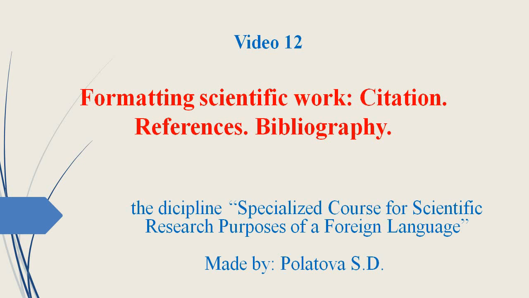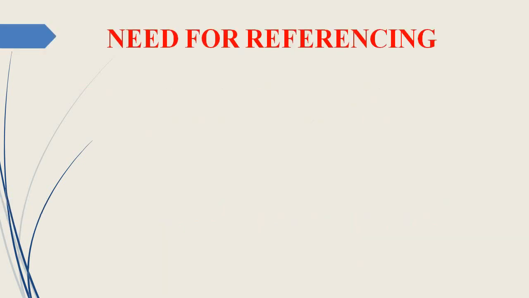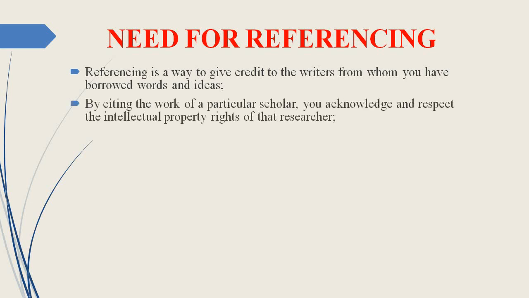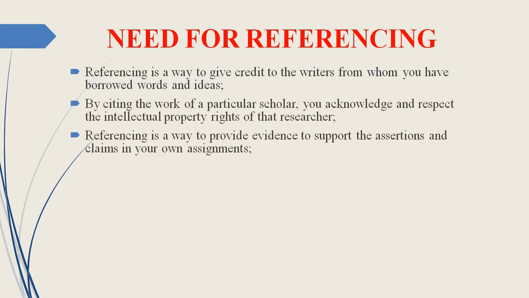Now before we go ahead, we must understand why this reference system is needed. Why does any reference matter for any researcher? So let's understand that. The first thing is that the reference is a way to give credit. When we say give credit, to whom do we give credit?